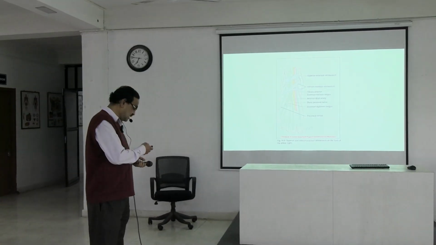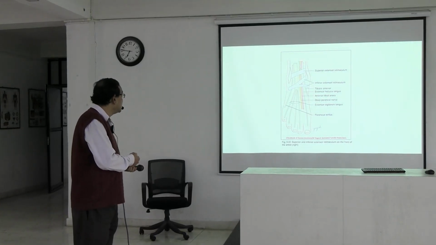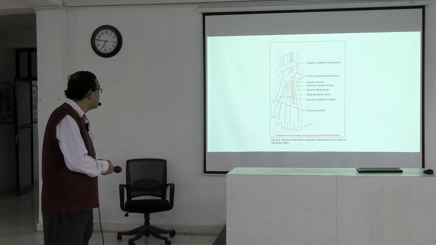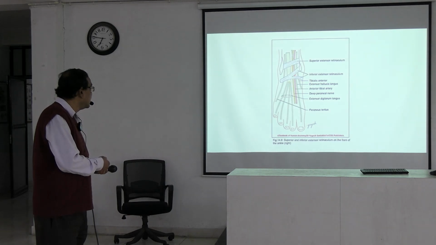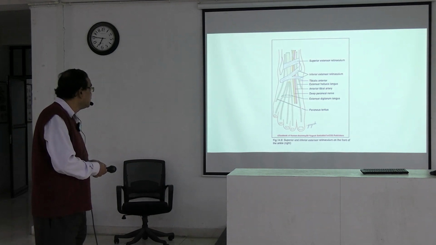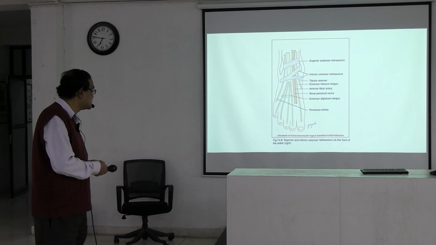The same thing in a diagrammatic way we can find nicely. This is the deep peroneal nerve and this is the anterior tibial artery and this is the extensor hallucis longus and this is the extensor digitorum longus and this is the peroneus tertius.